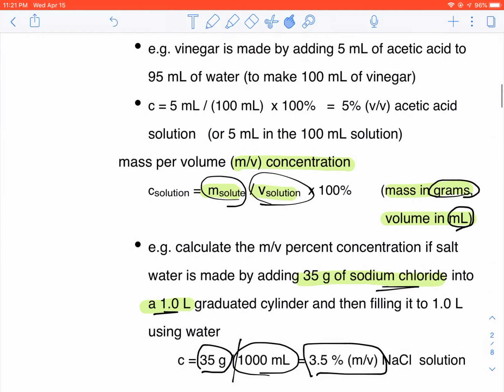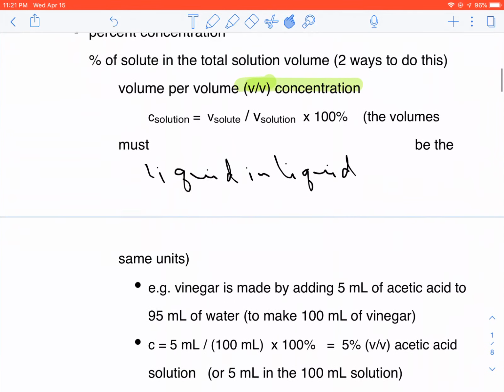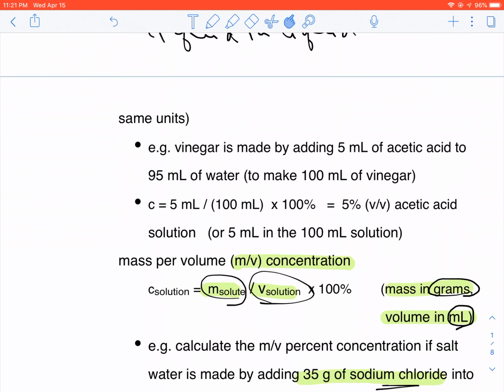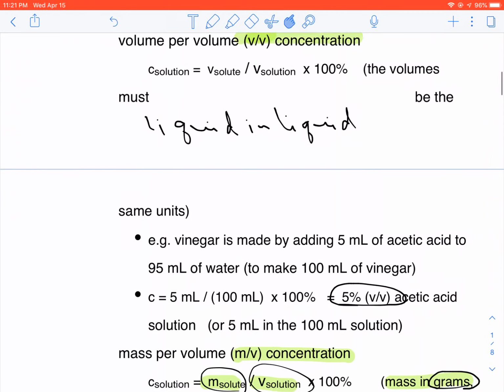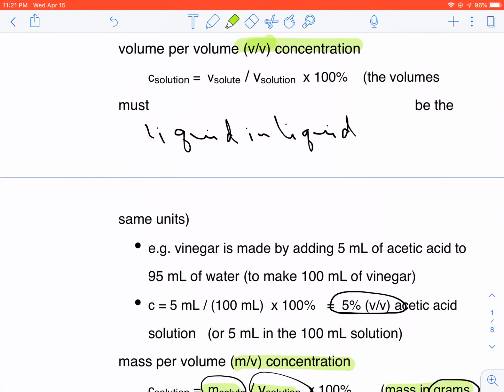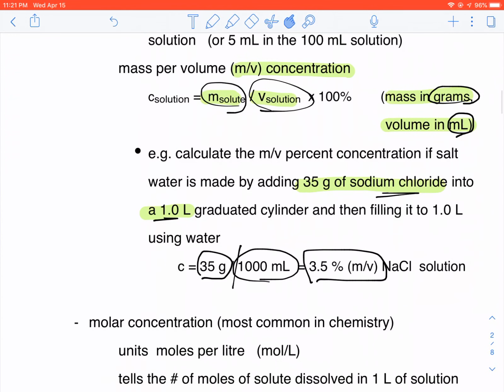If I look at the one that I had up here, this was a volume by volume percent. Volume by volume, that means 5 milliliters in 100 milliliters. So where the first one up here was looking at having a liquid in a liquid, this percent down here is when I've got a mass, a solid, dissolved in a liquid.